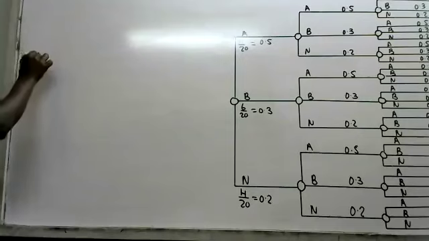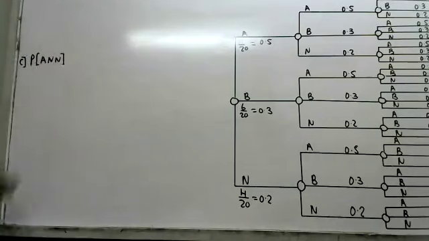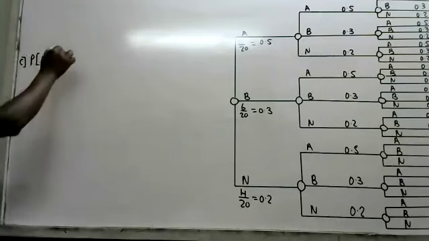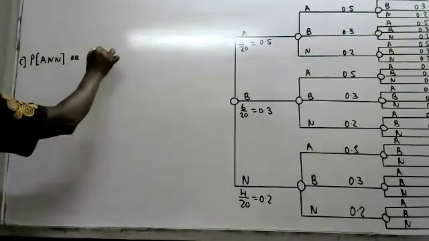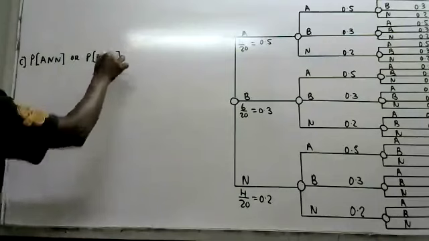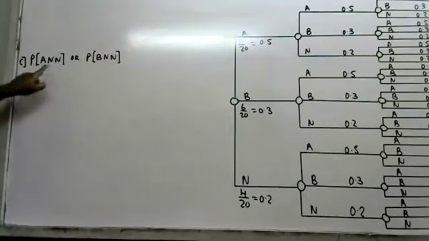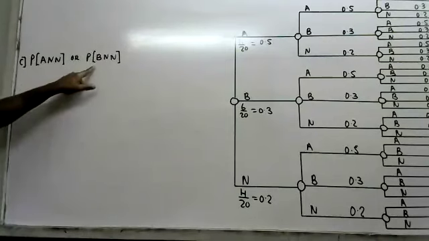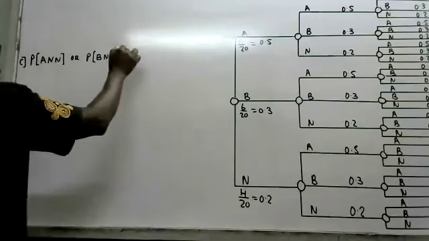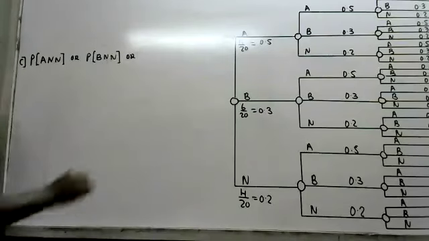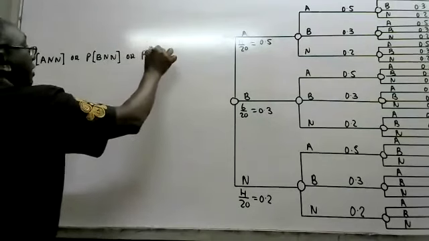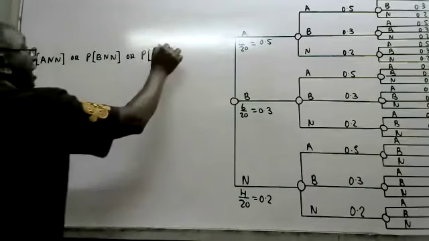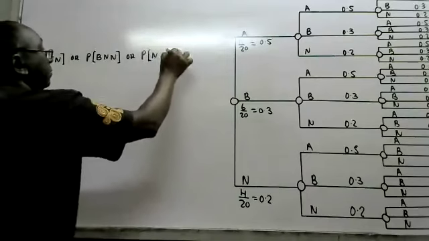The first contract is awarded to A, the second is not awarded, and the third is not awarded. All that becomes plus. The first contract is awarded to B, the second is not awarded, and the third is not awarded. That is when the first contract is awarded. Assume it is the second contract that is awarded. So the first is not awarded, but the second goes to A, and the third goes to no one.